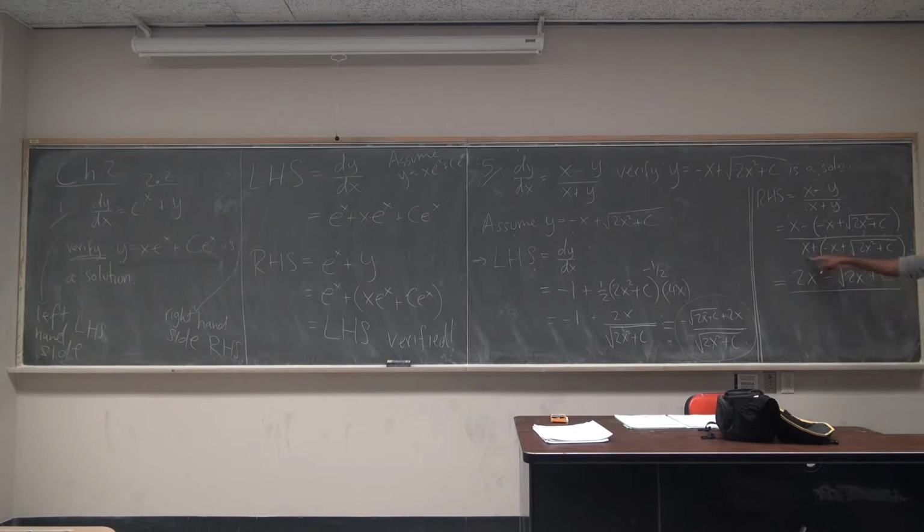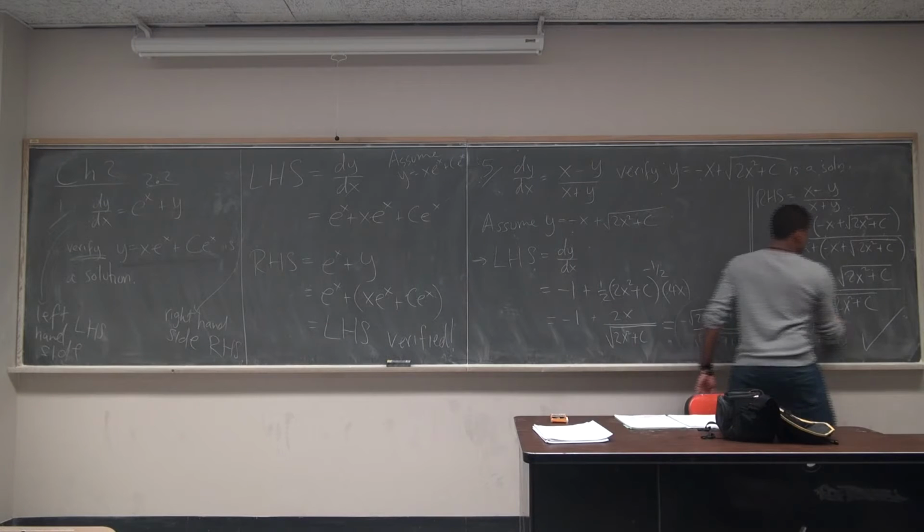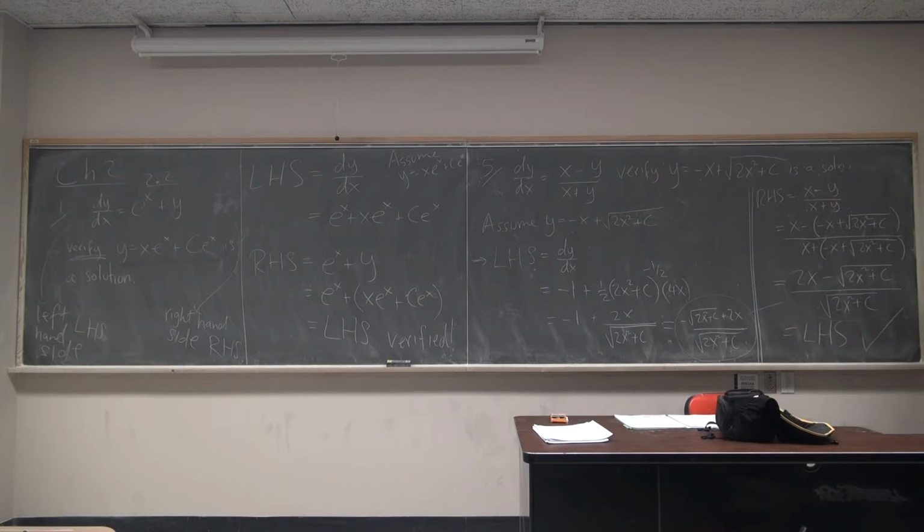Over, now I have x minus x, so that goes away, and I'm just left with that guy. Same thing as that. That's equal to the left-hand side, so verified. Both sides of the equation agree, therefore the equation is true.